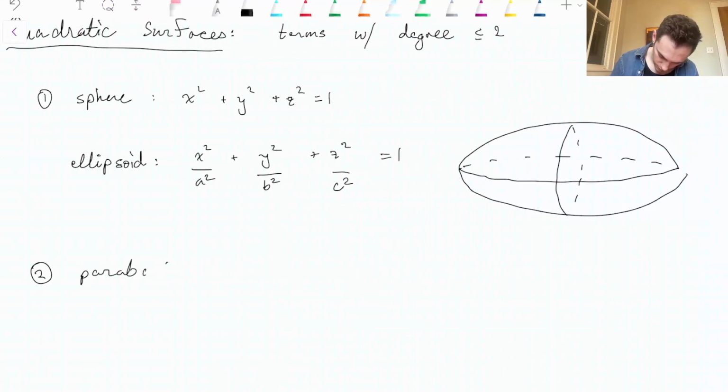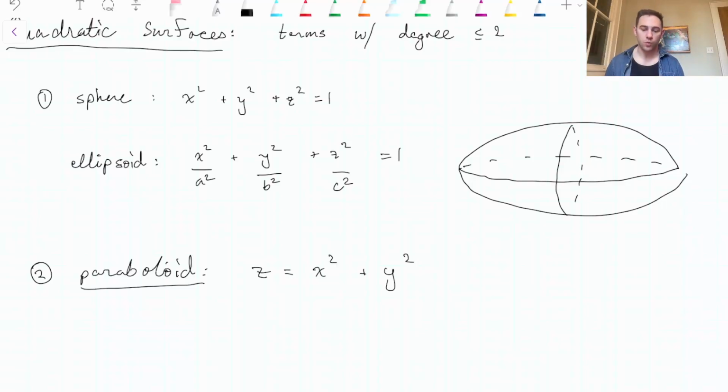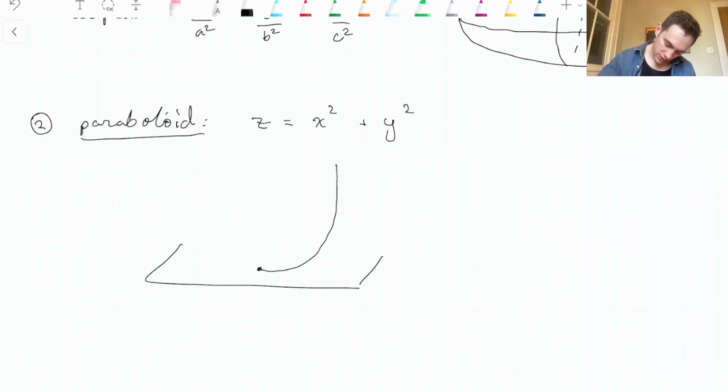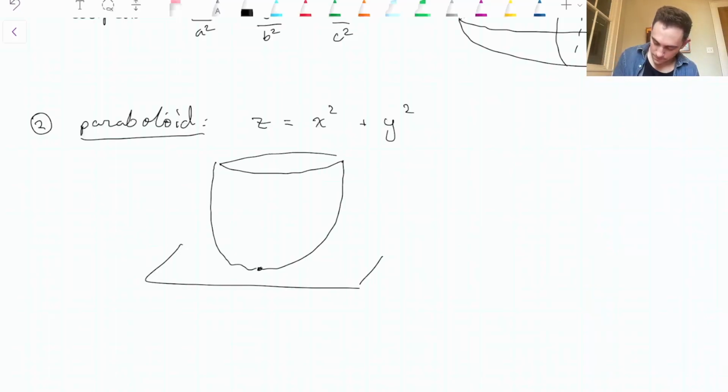So the standard parent function paraboloid is z equals x squared plus y squared. So here's the xy plane, there's the origin, and the paraboloid is going to be a nice big bowl shape. Here's the paraboloid.